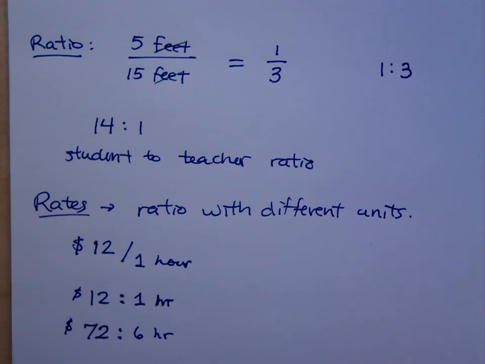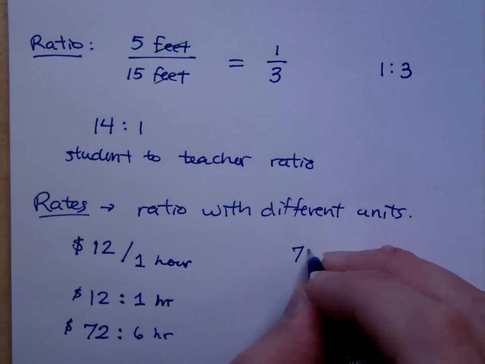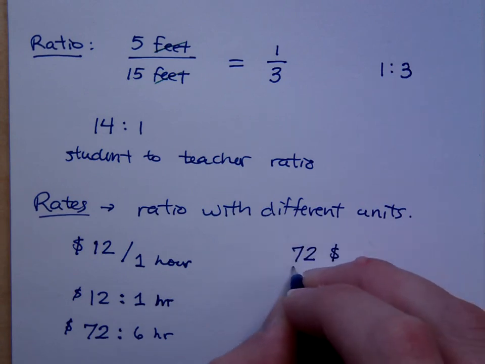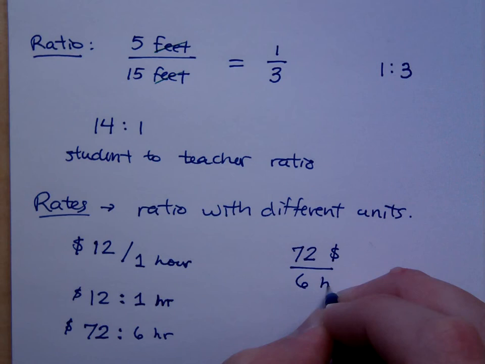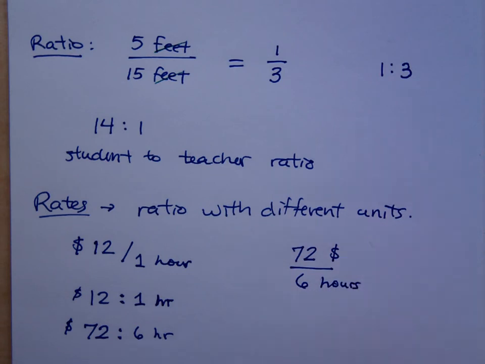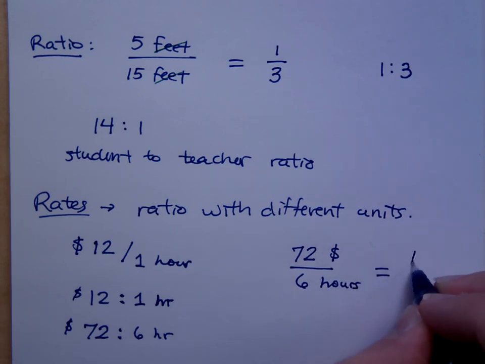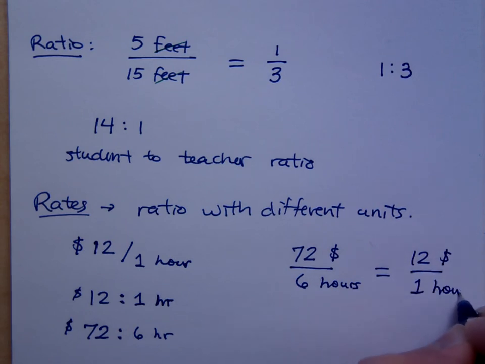Just by multiplying times 6, because there's that rate that goes along with that. And if you were to look at it like this, $72 for every 6 hours, this reduces back to $12 per hour. You guys agree with me on that? This is a rate. The rate here is dollars to hour.